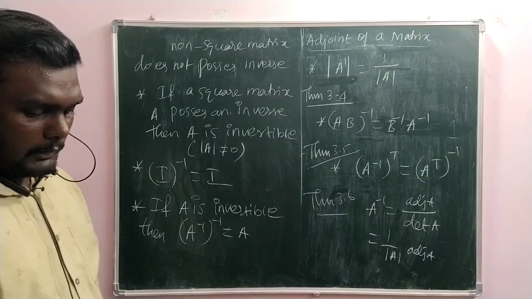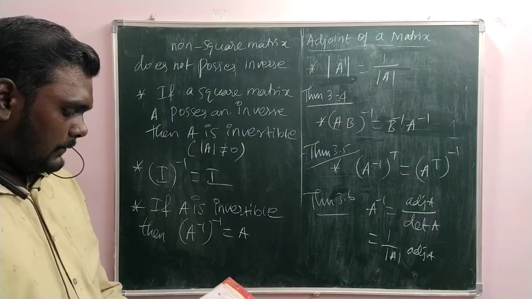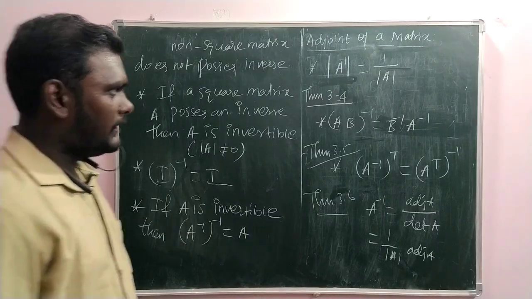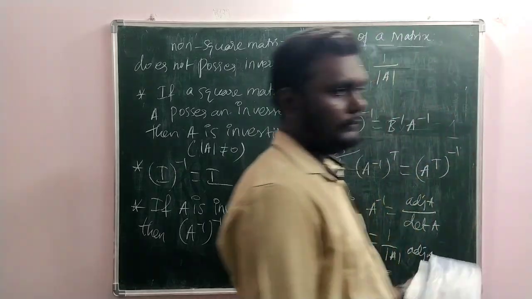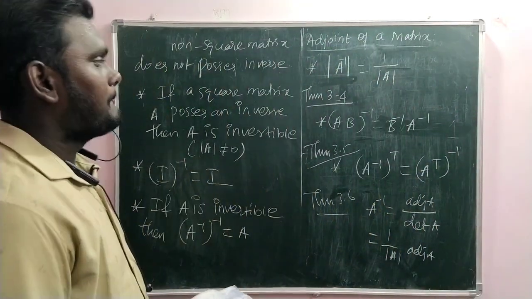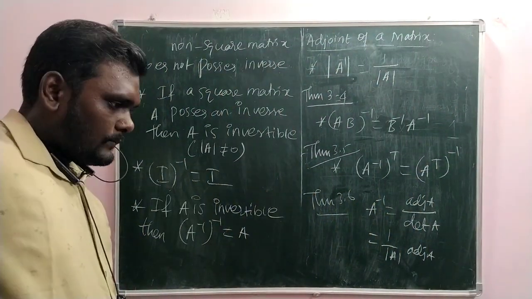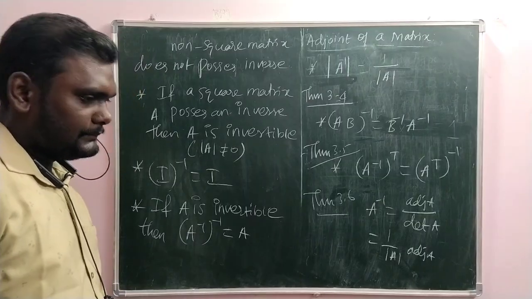Okay. And that is followed by several properties again. It's full of properties only now. So let us solve this. What happened?